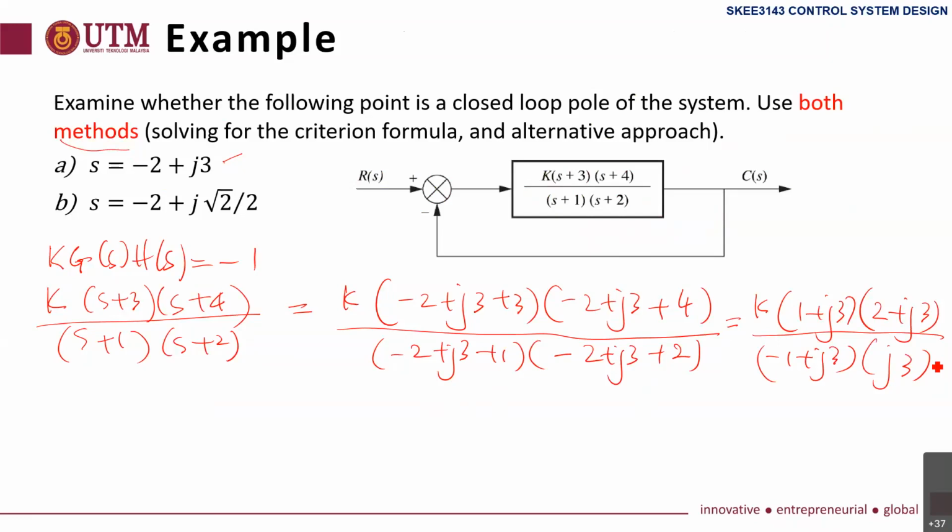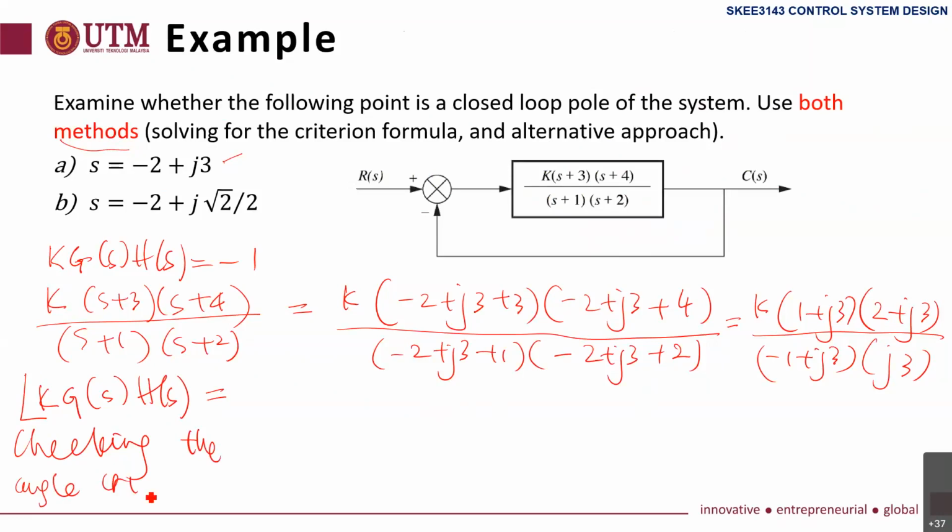We already substituted the tested point. Now we want to test. As I mentioned, first we have to check the angle criterion. Okay, how can we obtain the angle?